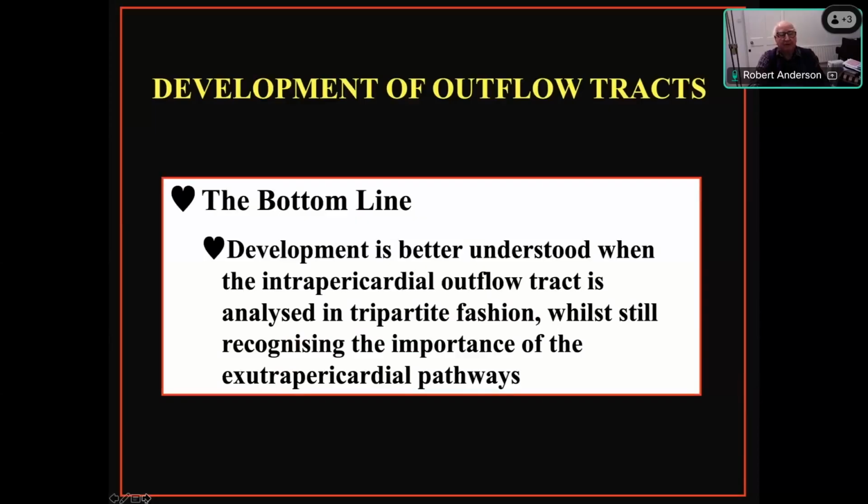I'll discuss that with you when we talk about vascular slings and rings. But for the outflow tracts itself, we need to adopt this tripartite approach, because only in that way can we include the arterial roots. Thank you all for listening to my sessions on cardiac development.